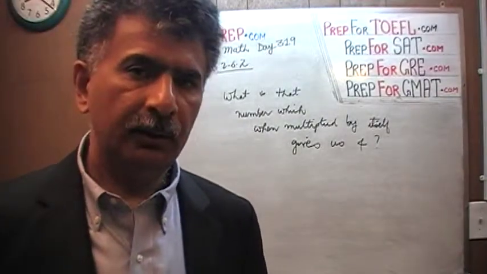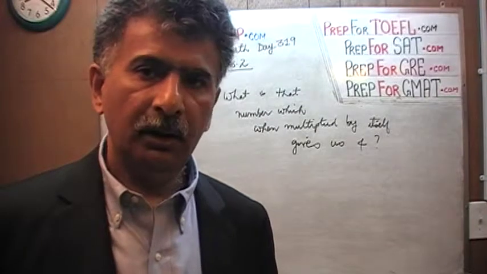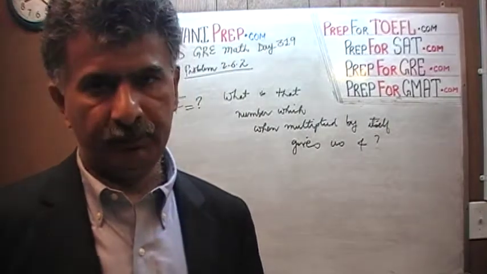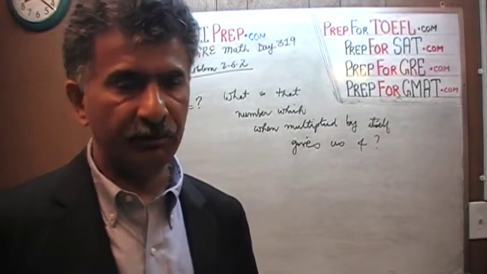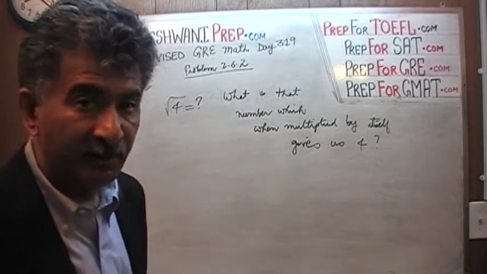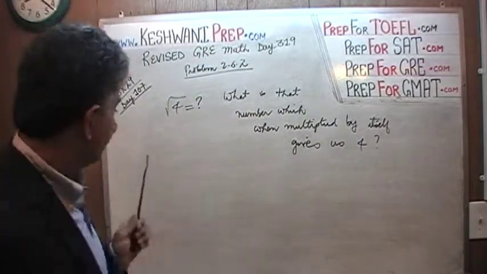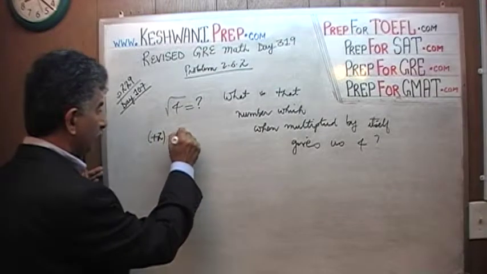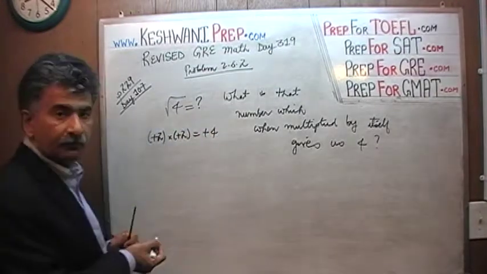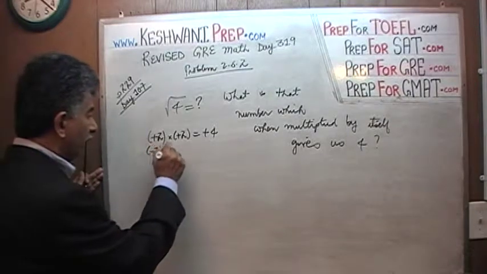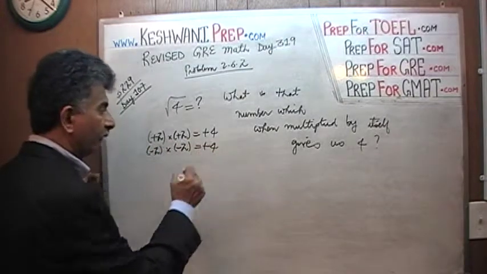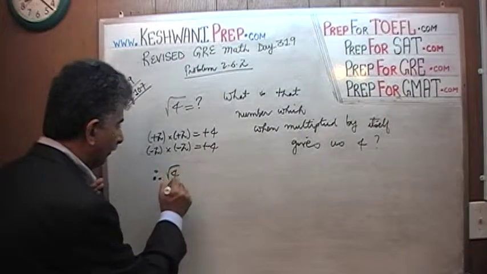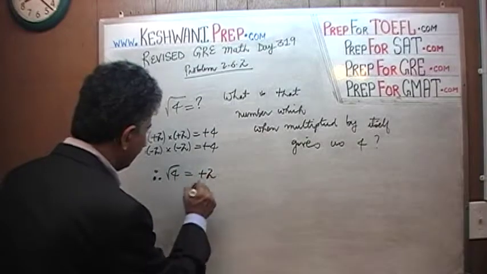Actually it turns out that here we do not have one answer, we have actually two answers. There are two such numbers which, when multiplied by themselves, give us 4. And those two numbers are, of course, positive 2. Positive 2 times positive 2 is going to give us positive 4. And negative 2 times negative 2 is going to give us positive 4. Therefore, the square root of 4 equals positive 2 and negative 2.